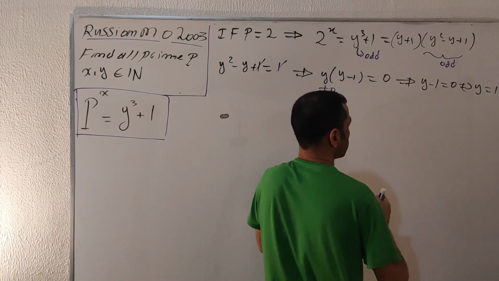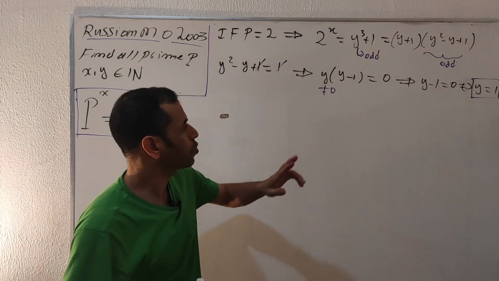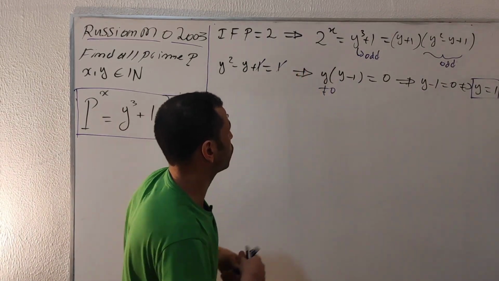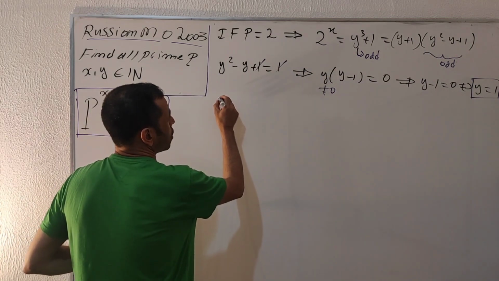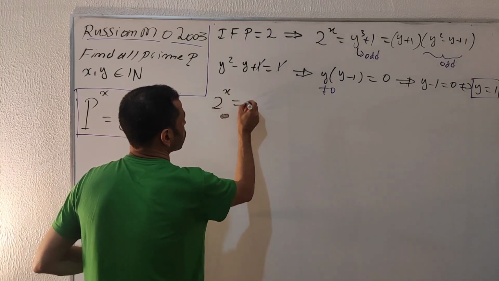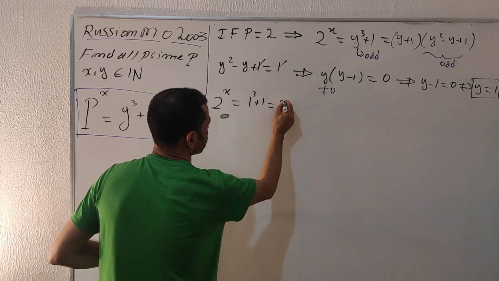So I have determined the value of y as a first value. I'm simply going to take this value of y and insert it into the original equation to find x. Since we know p and y, I will have 2 to the x equals 1 cubed plus number 1 equals 2.